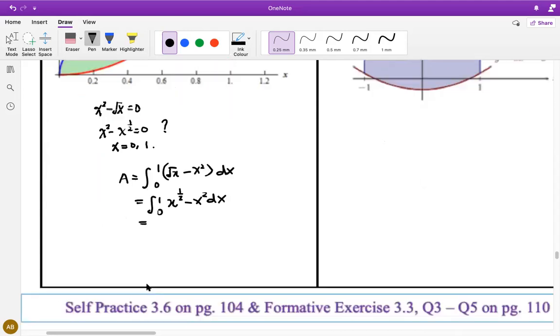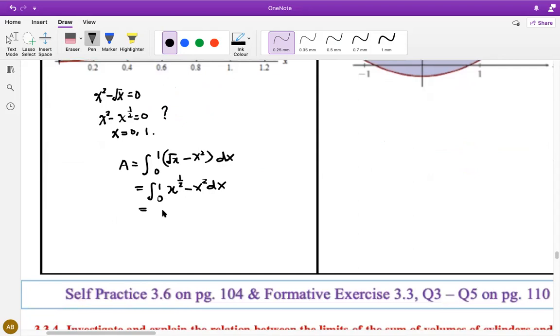So you do it step by step, you will get the answer. So you get x to the 3 over 2, times 2 over 3, minus x cubed over 3, from 1 to 0. Okay, so you can see it's 2 over 3 minus 1 over 3. So the answer is 1 over 3.